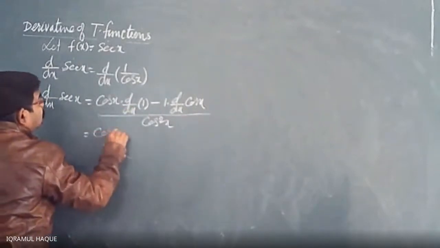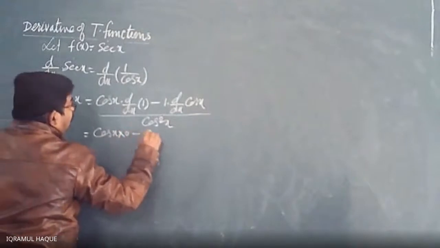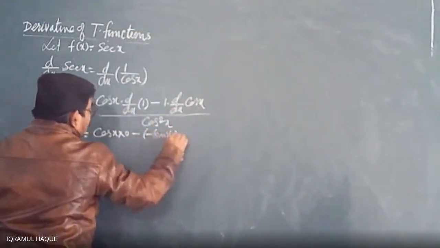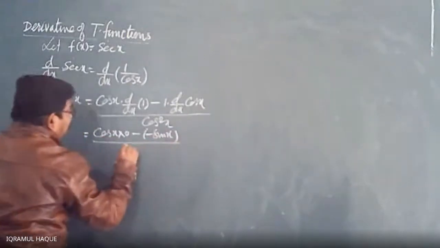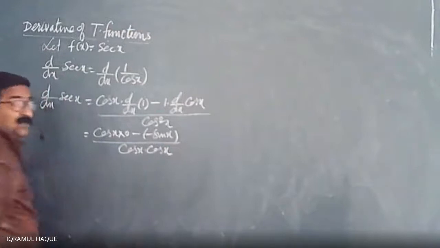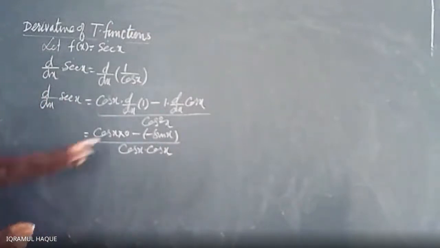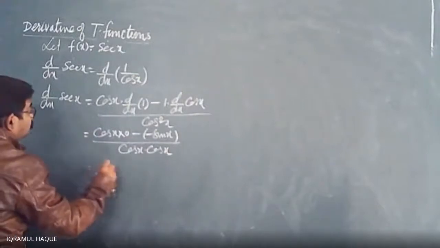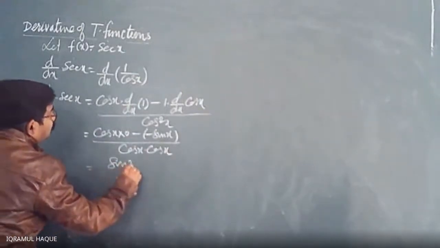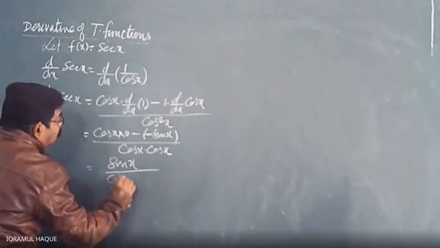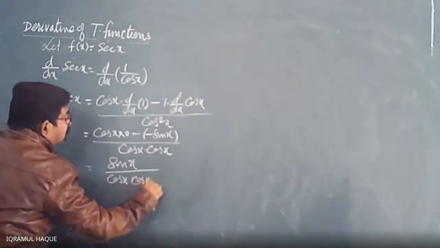So here we have derivative of 1 is 0. We have cos x into 0 minus 1 into derivative of cos x, which is minus sin x, upon cos x into cos x 2 times. So this becomes 0, minus into minus plus, sin x upon cos x into cos x.